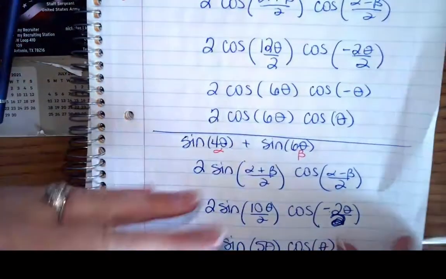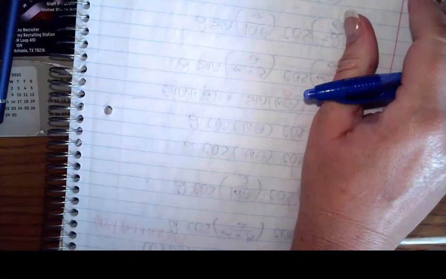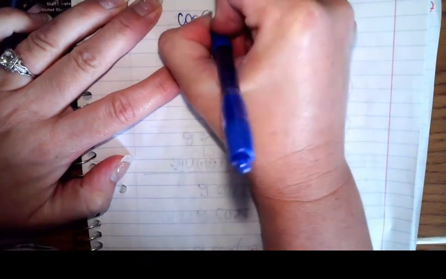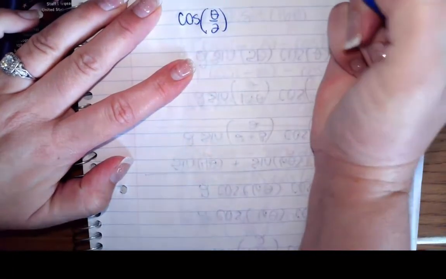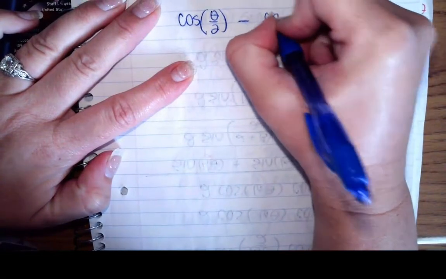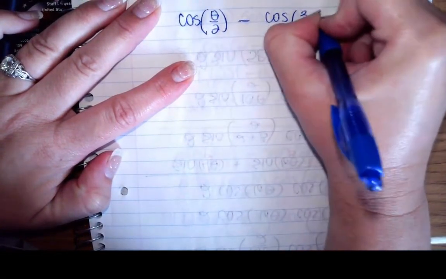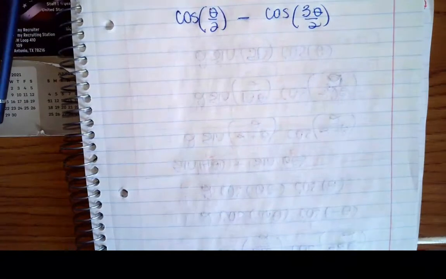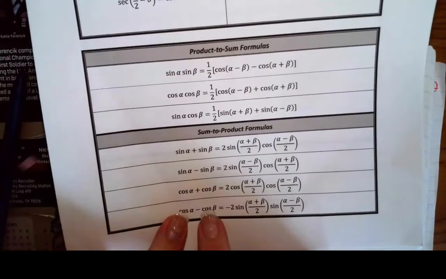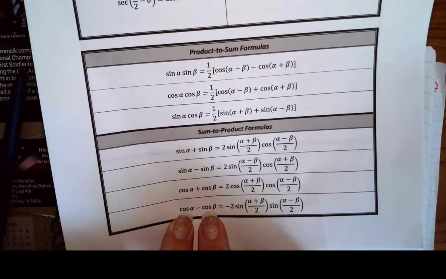All right, so we got 2 more. So I've got the cosine of theta over 2 minus the cosine of 3 thetas over 2. My arguments are not the same, so I can't combine like terms, but I can find cosine minus cosine.